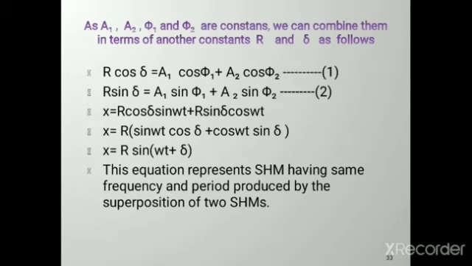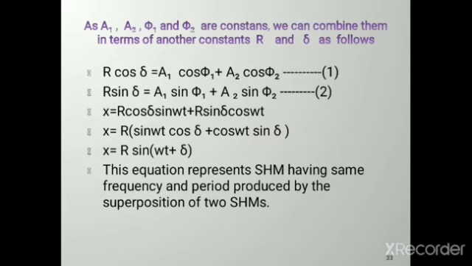Since A1, A2, phi 1, phi 2 are constants, we can combine them in terms of other constants r and delta as follows. For example, r cos delta is equal to A1 cos phi 1 plus A2 cos phi 2 and r sin delta is equal to A1 sin phi 1 plus A2 sin phi 2.